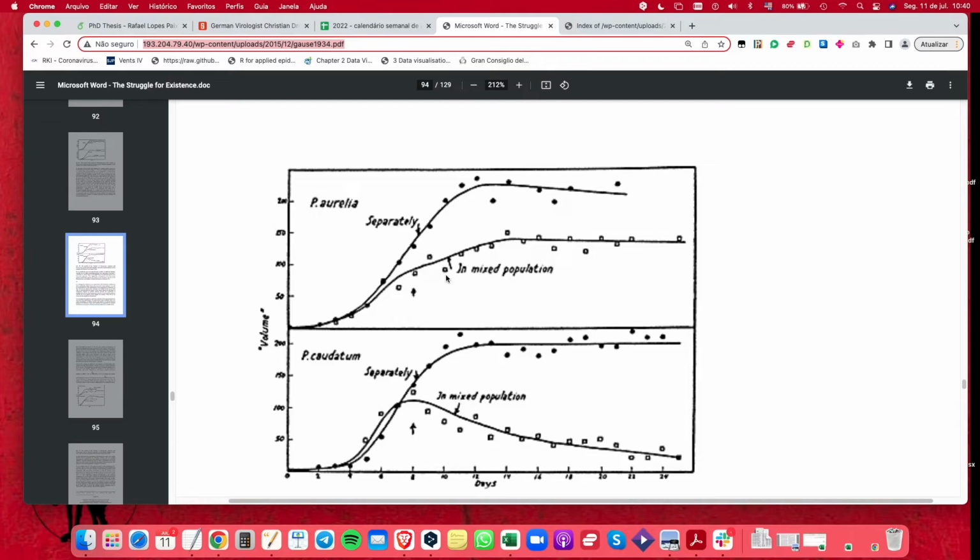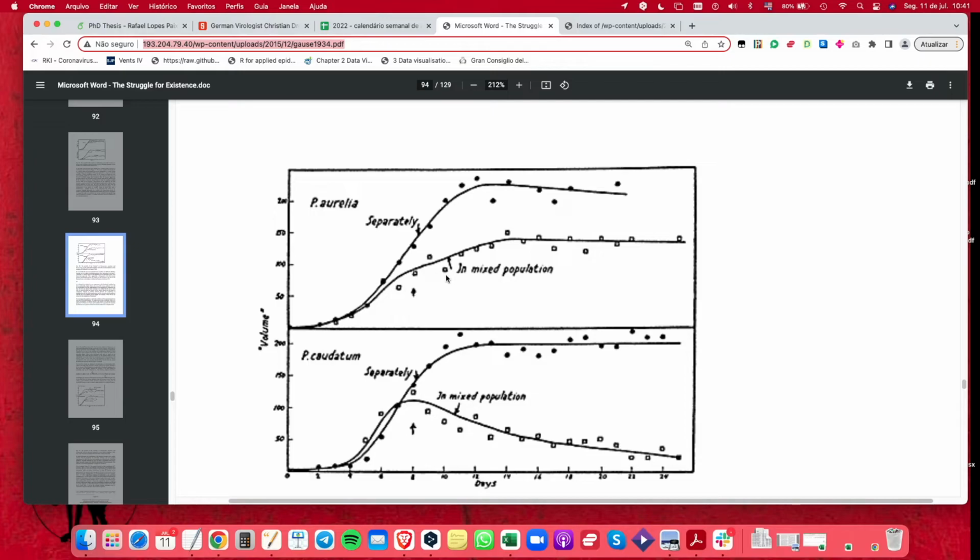where you have competitive elimination. Now, here it's interesting because we have not only the fixed points, we have the dynamics. So you could ask yourself, well, why is Paramecium caudatum initially growing?